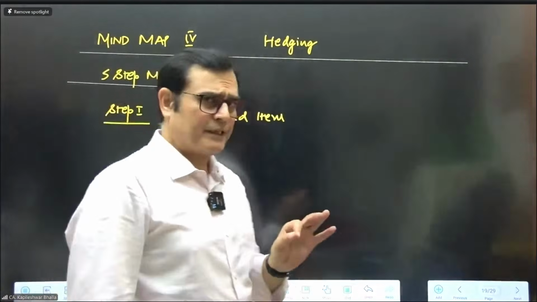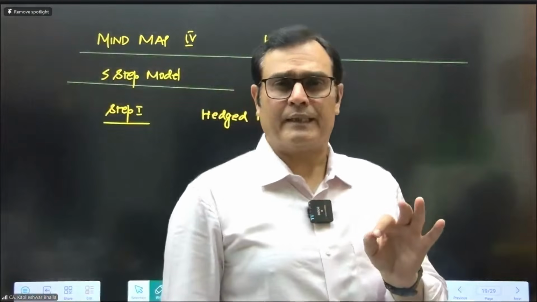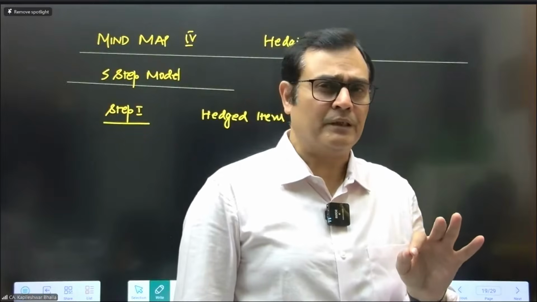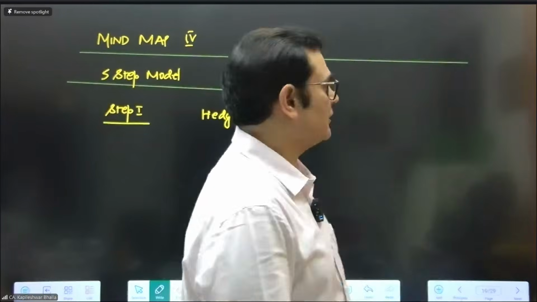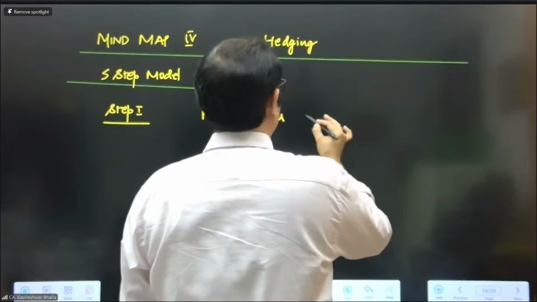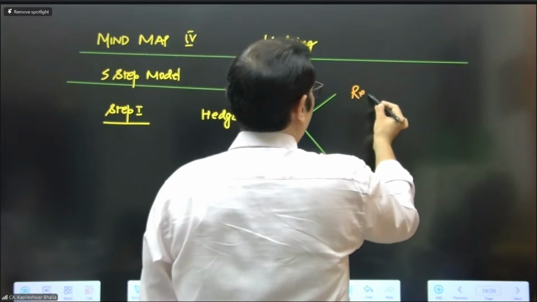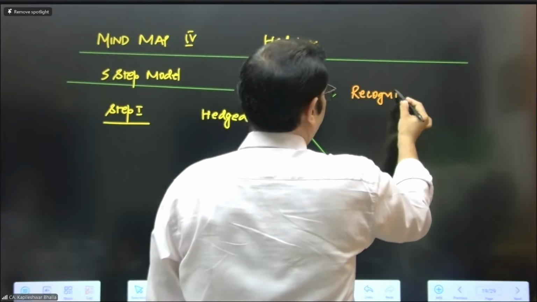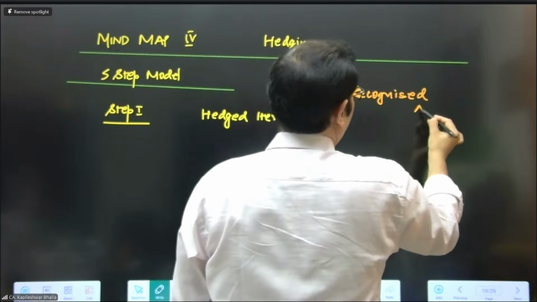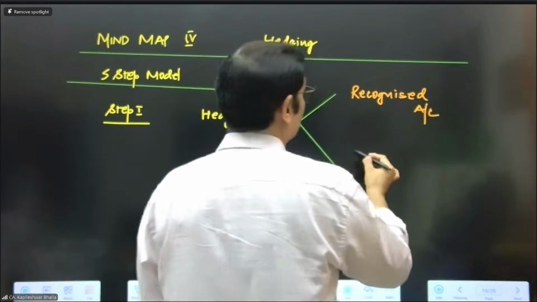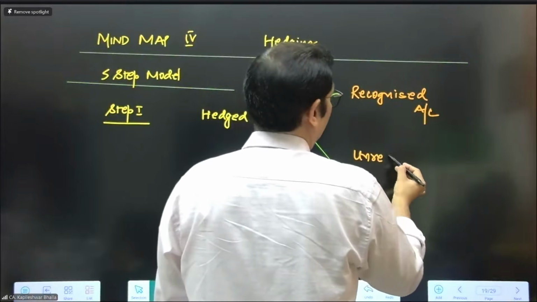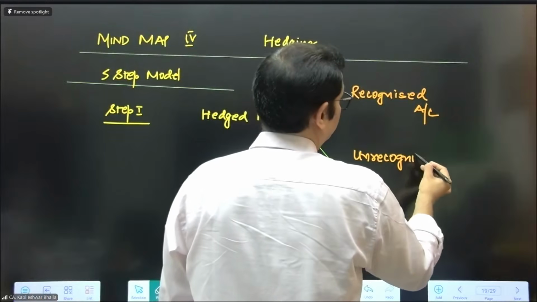When you consider the hedged item, it can be a recognized asset and liability, or it can be an unrecognized asset and liability.